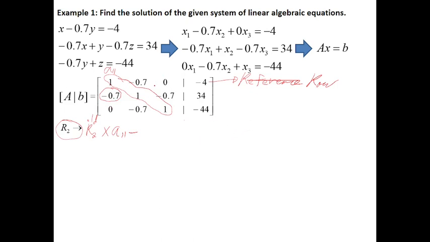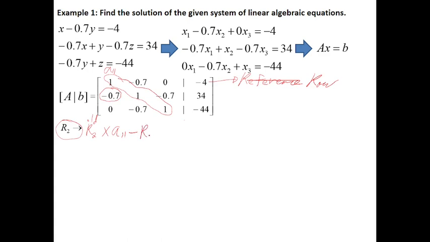So, we will subtract. If this is row 2, all the elements in row 2 will be multiplied by A11, then we subtract. Now, to determine the row, we have to determine the row location of A sub 11. It is obvious that it is in the first row, first column.